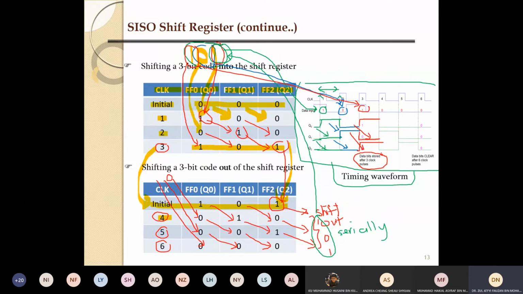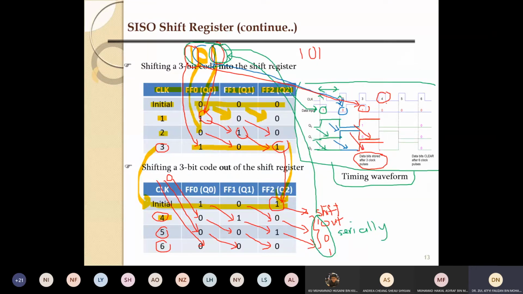So this is the data bits stored after 3 clocks, in the timing waveform. We can also see that during the third clock, all the 3-bit data 101 is already stored inside each flip-flop: Q0, Q1, and FF2 or Q2. After that, starting with clock 4, the data will start to shift out.